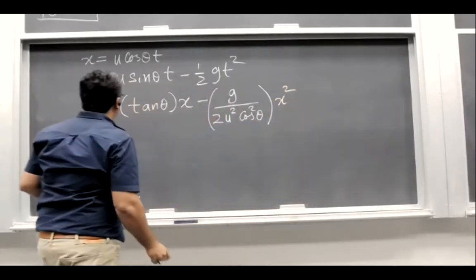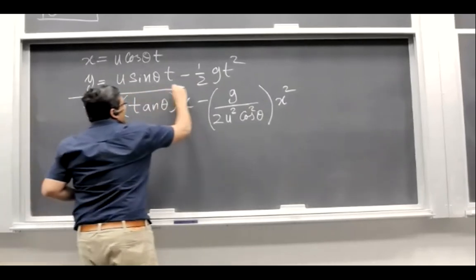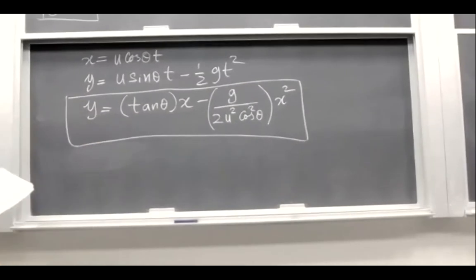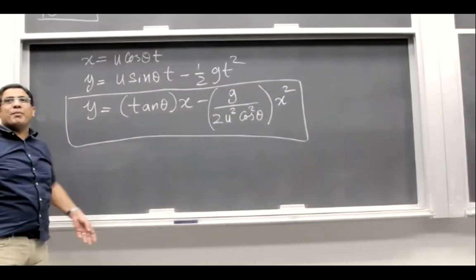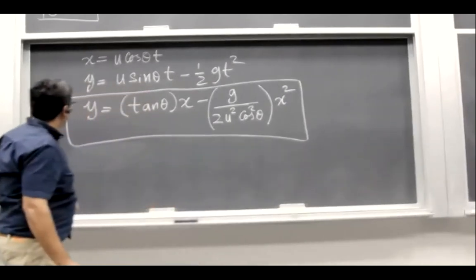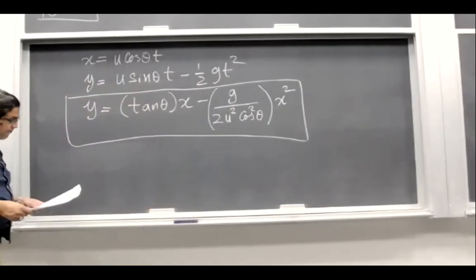All right. So this is the shape of the trajectory. If you recognize this equation, it is the equation of a parabola. Okay. So the trajectory makes a parabola. The trajectory of a projectile makes a parabola. All right.